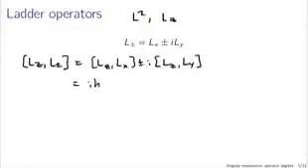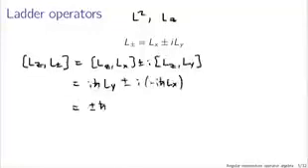You get i h bar Ly plus or minus i times, z and y here now are in the wrong order, so I'm actually going to get a minus i h bar Lx in this case. So this is our commutator, and if you simplify that down, you'll find that this is actually equal to plus or minus h bar L plus or minus. So calculating the commutator of Lz with L plus or minus gave me something relatively simple. It just gave me L plus or minus back.